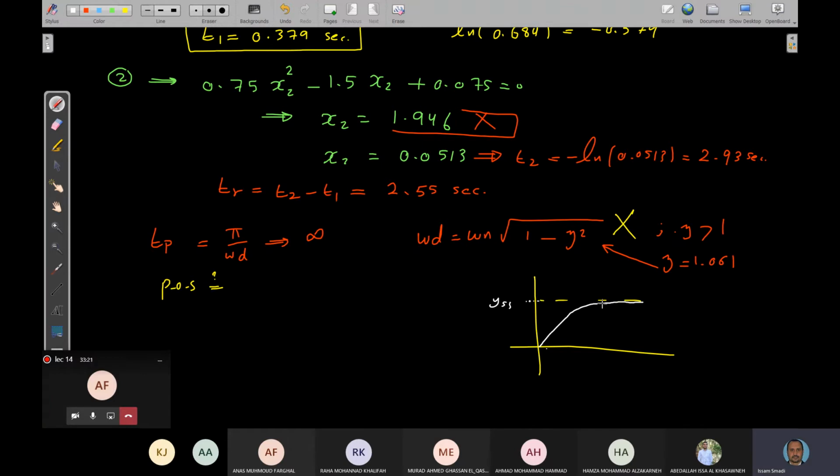Now, do you remember when we defined the overshoot? The overshoot was y at TB minus y steady state, correct? So y at TB is y steady state minus y steady state, so this would be 0, correct?